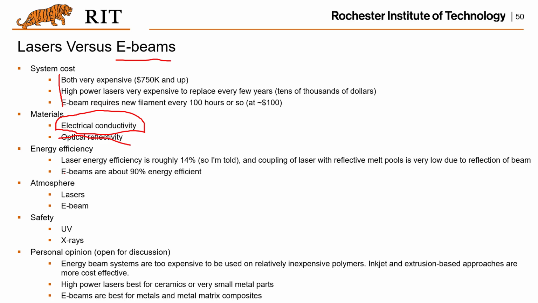Energy efficiency, the E-beam has much higher efficiency, but for the atmosphere, lasers usually need argon or helium gases, but E-beam is pretty much a vacuum. And the safeties, there will be UV light produced in the laser process, and X-rays produced with the electron beam process.